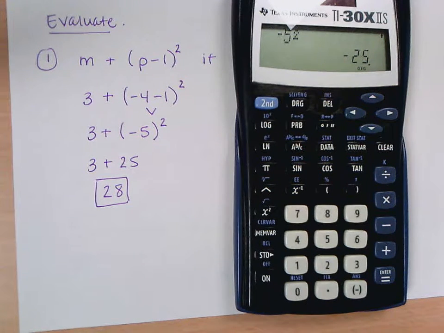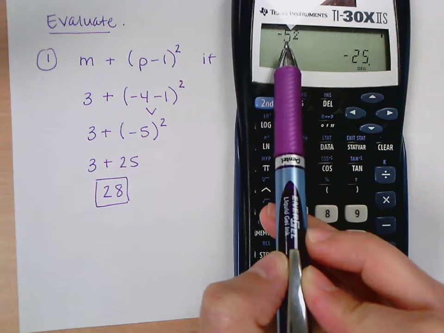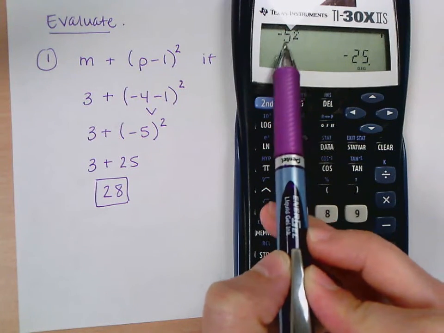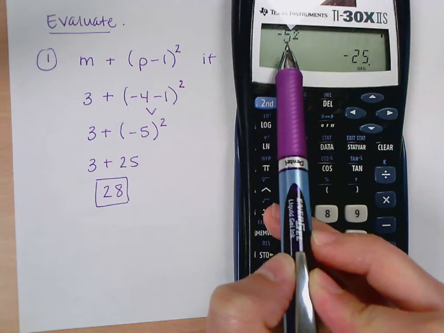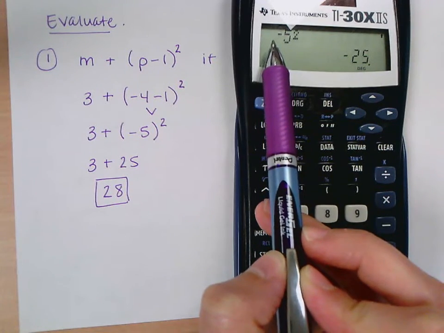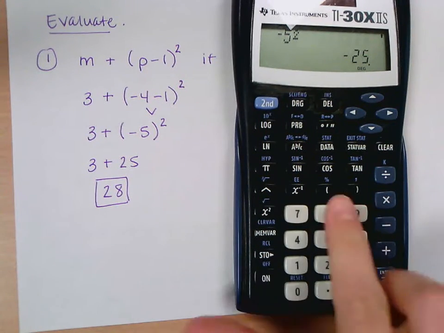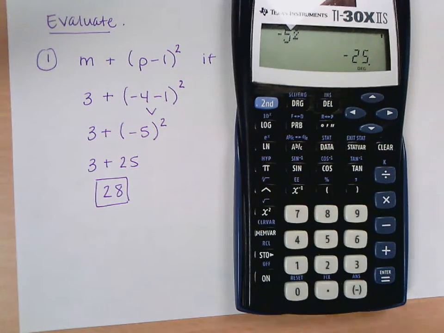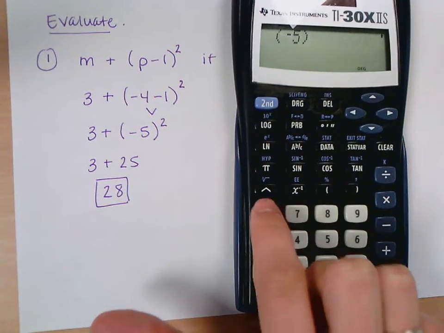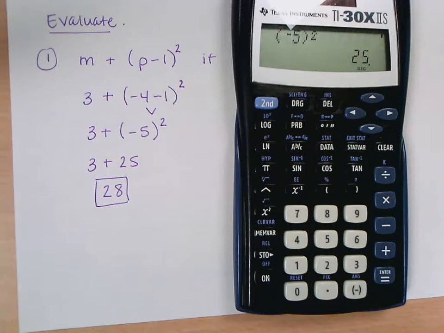If you're typing a negative number squared in a calculator, you have to put parentheses around it, or your calculator will tell you it's negative. What your calculator does, it does follow order of operations. So the calculator is taking the 5 squared first, which is 25, and then taking the opposite of it, which is negative 25. If I actually want negative 5 squared, I have to put parentheses negative 5, close the parentheses, then squared, then it will give me the right answer.